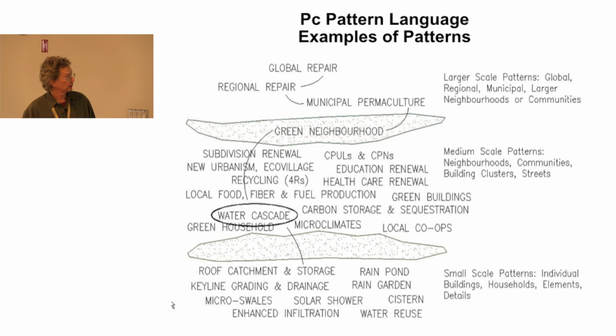Water cascade. This is an interesting one because its actual place is probably way up at the top, because water cascade means it can be expressed in so many ways.